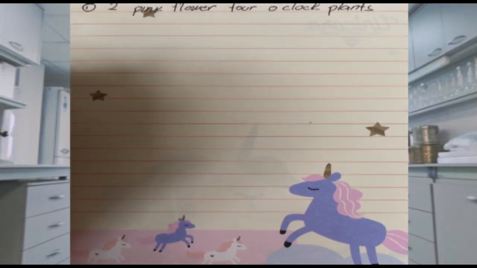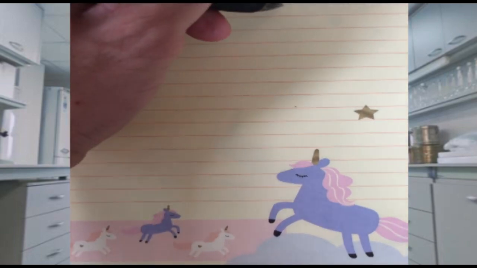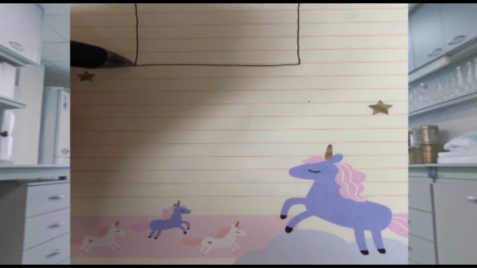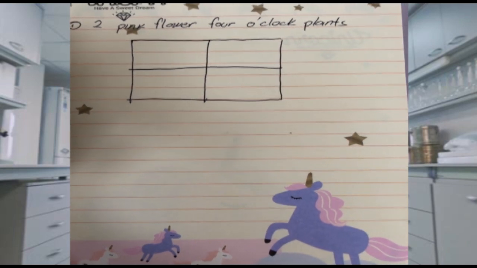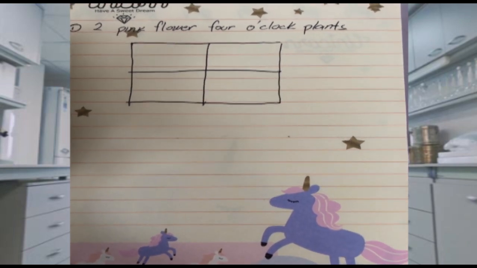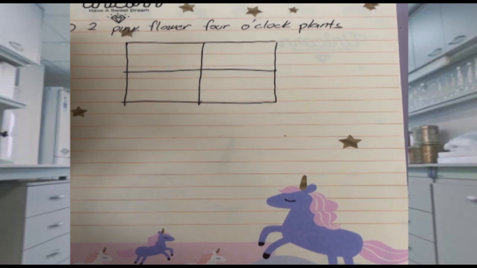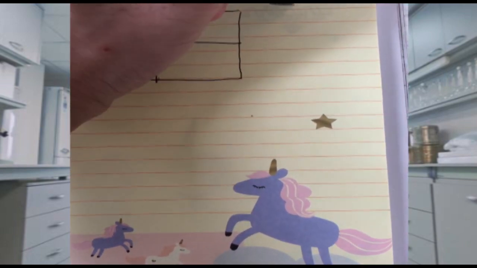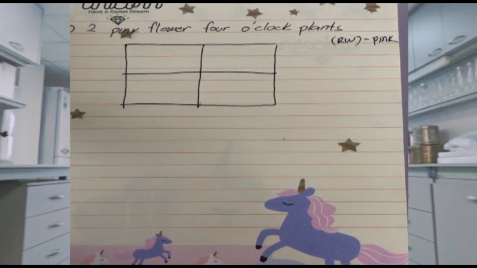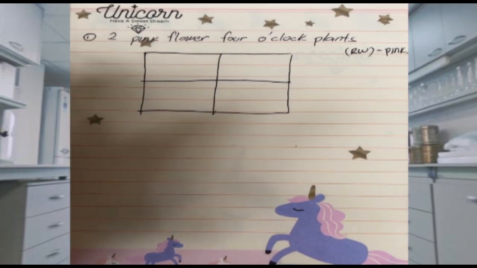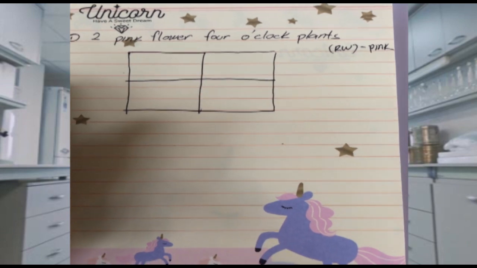So first is to draw a Punnett square. Okay, so the genotype of the pink flower 4 o'clock plant is RW. So how will we put the two pink flower 4 o'clock plant on the Punnett square?